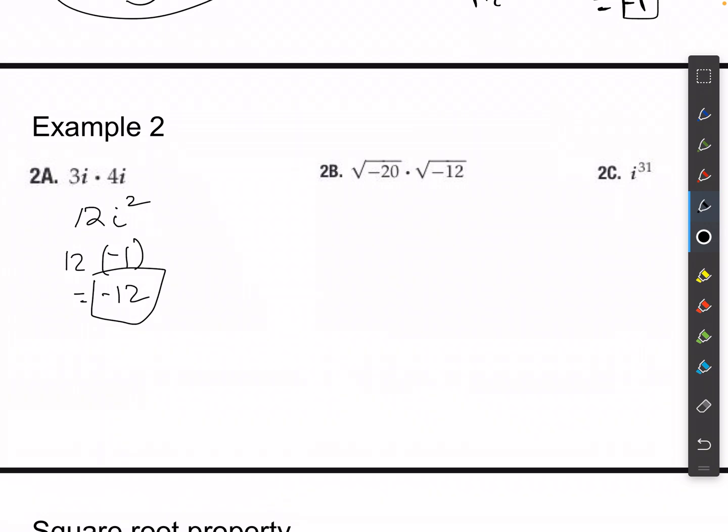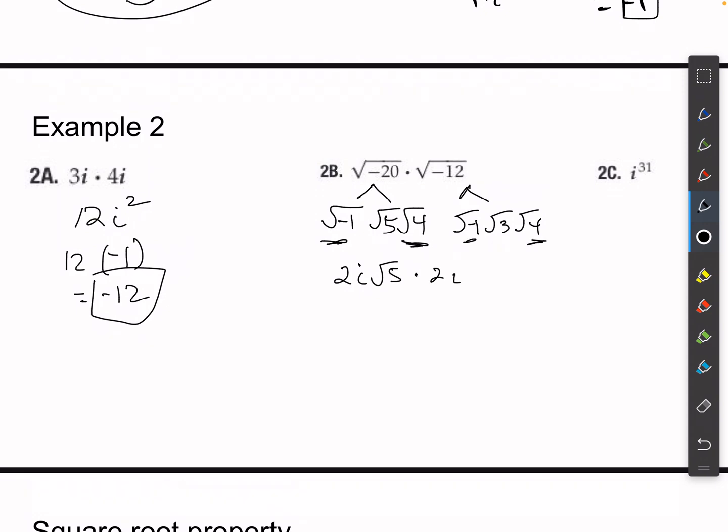All right, so 2b. For 2b, notice here that, by the way, if you want to break this down ahead of time so you don't have to do big math and you want to do this in your head, you can write this as square root of -1, square root of 5, square root of 4, and then this one can be broken down as square root of -1, square root of 3, square root of 4. This goes to a 2, this goes to an i, so it's 2i root 5 times, this one's a 2, this one's an i, 2i root 3.